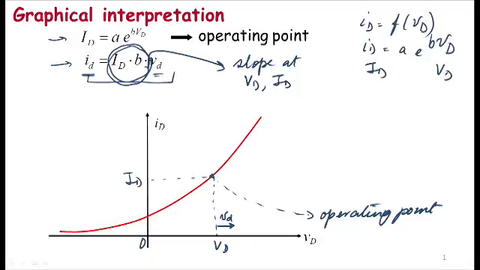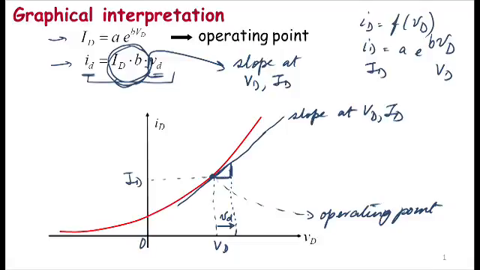So let me write down the slope of the function. This is the slope at this point. So let me call that the slope of the f of VD function at the point VD, ID. So I picked the point, I got the slope, and then I chose small vd. And if I plot my point, what does it mean to multiply the slope times the small variation? If I take this slope and I multiply it by the small variation, what do I get? Notice the slope is the ratio of this piece divided by this piece.